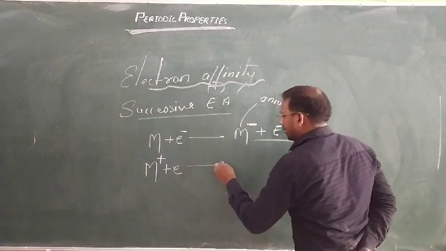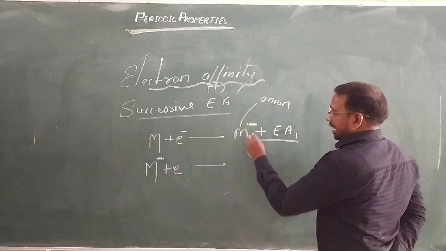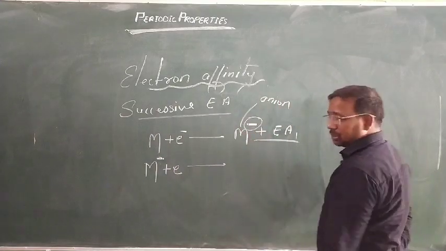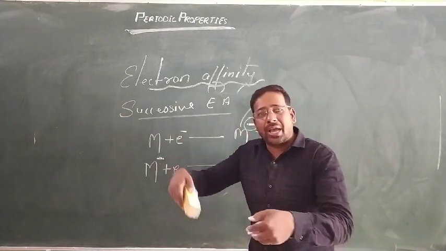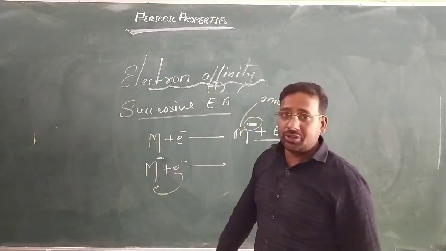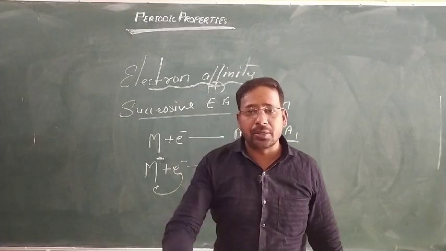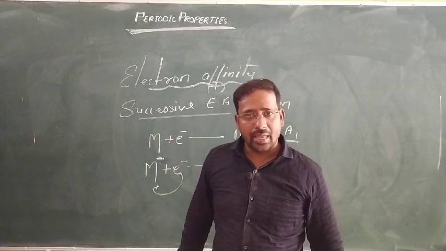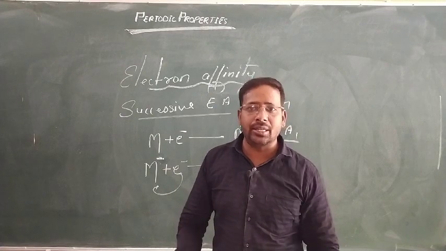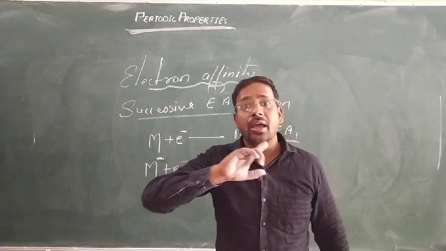This anion has a negative charge. It already has an extra electron, and if you want to add another, we know that when same charges are there, there must be repulsion, and it is very difficult to add the electron. In this case we have to give energy.